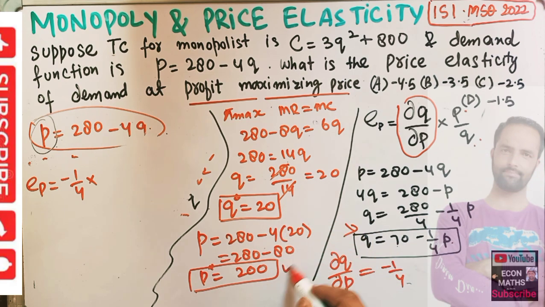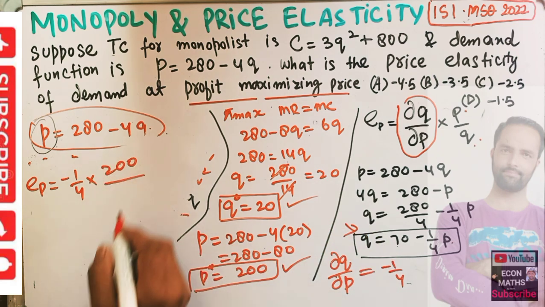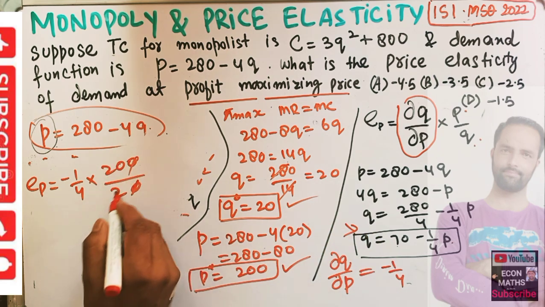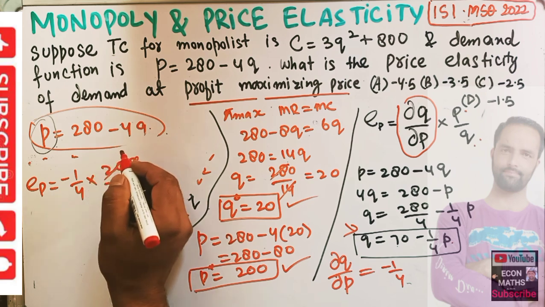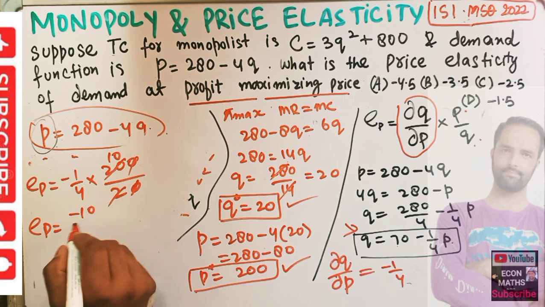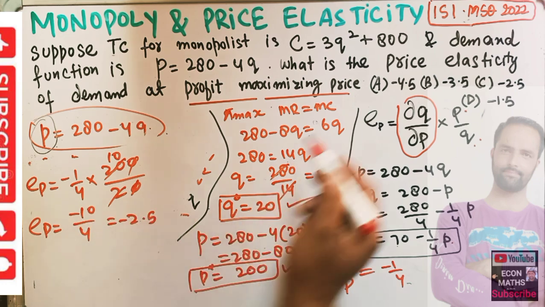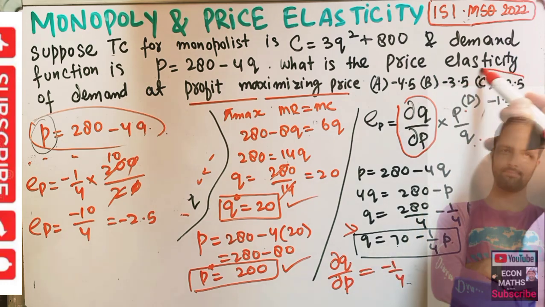P/Q is 200/20, which is 10. So we are left with -10/4. This comes out to be -2.5. So our price elasticity of demand will be -2.5.